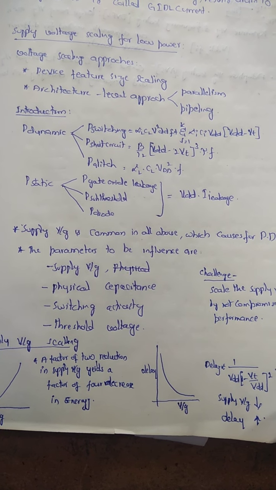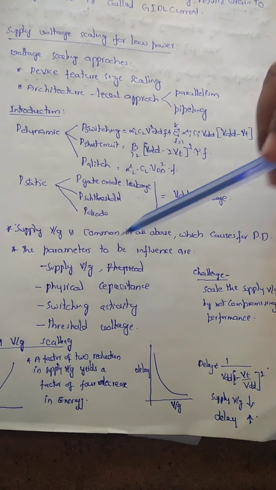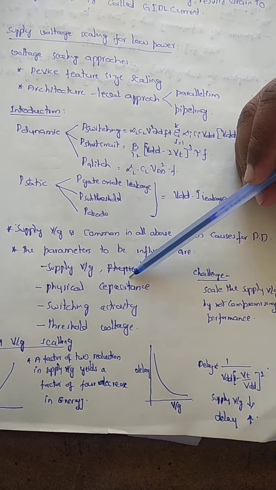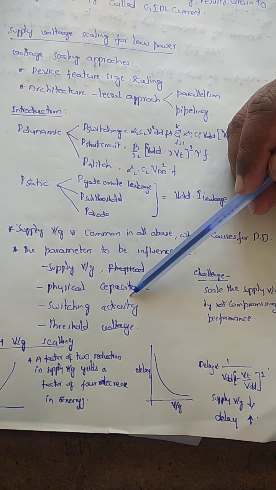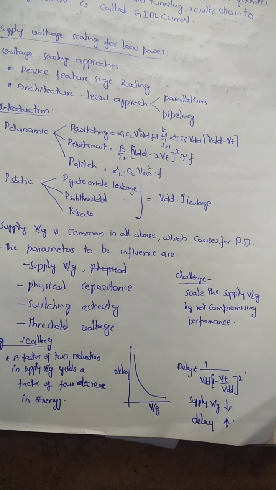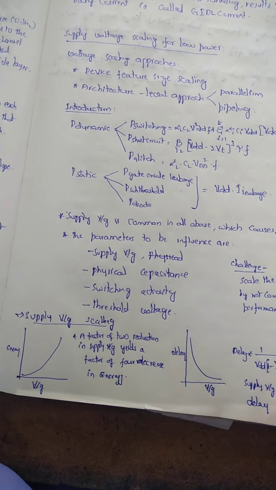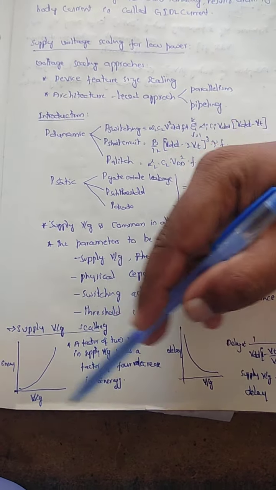The other parameters which also influence this are the physical capacitance, switching activity and threshold voltage. Let me explain how the supply voltage influences this by making use of this graph.